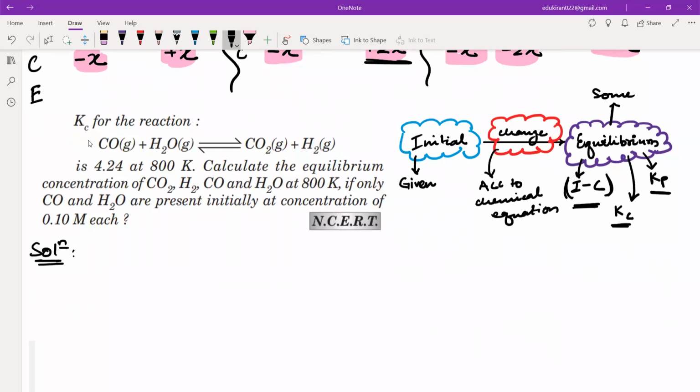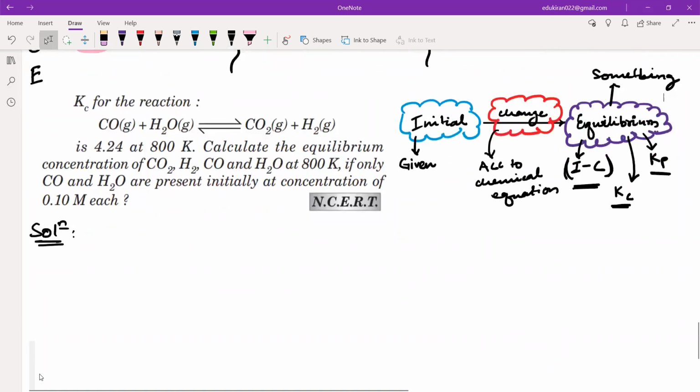Something in the question will always be given about the equilibrium. I'm not saying Kc or Kp. They may give any other thing, but they will say at equilibrium, this is something. Then we have to relate whatever is given about the equilibrium to the initial minus change. Is this clear with everyone?